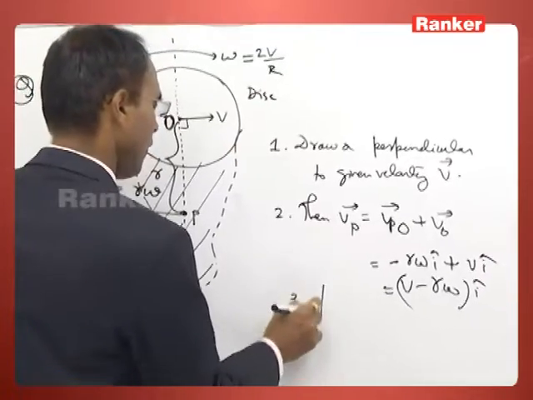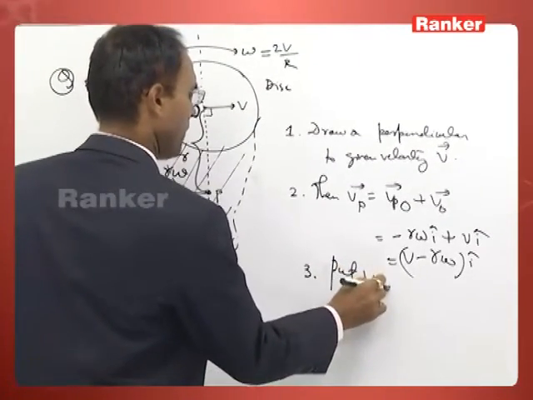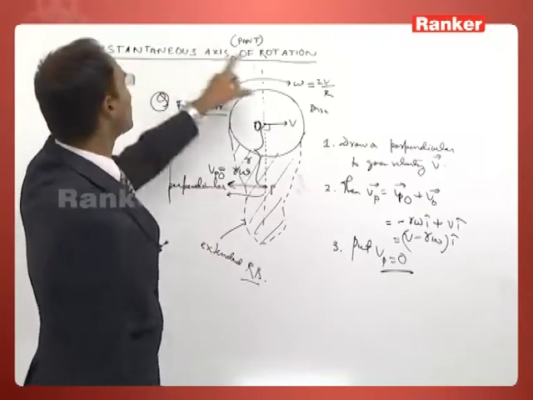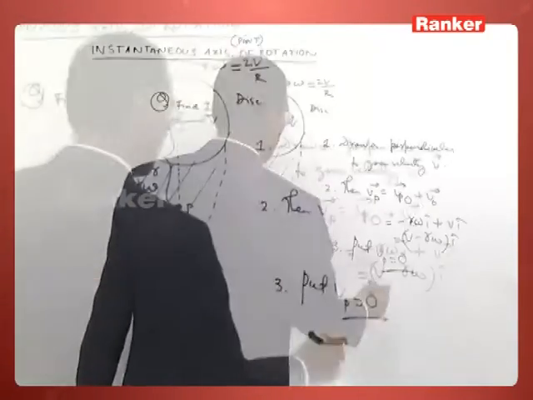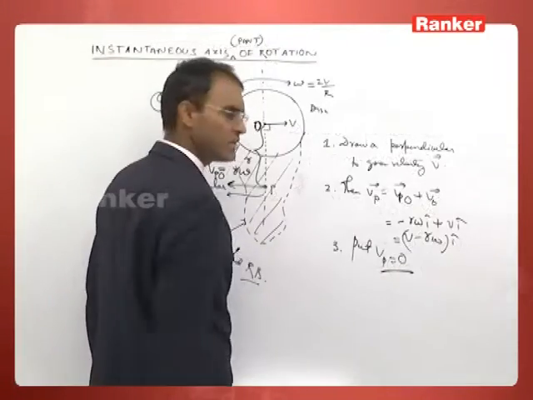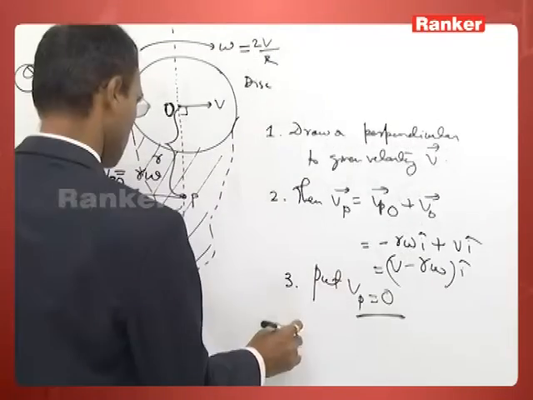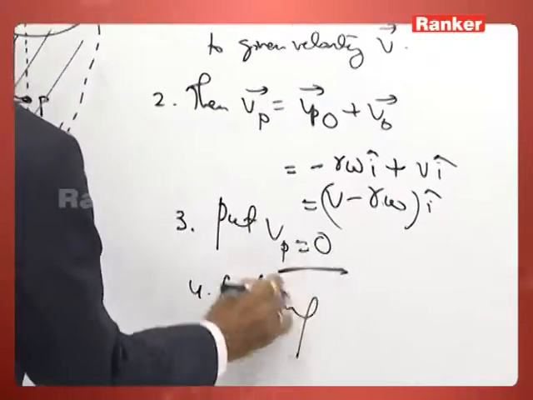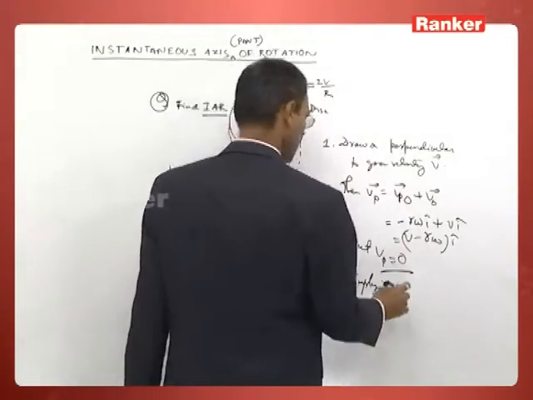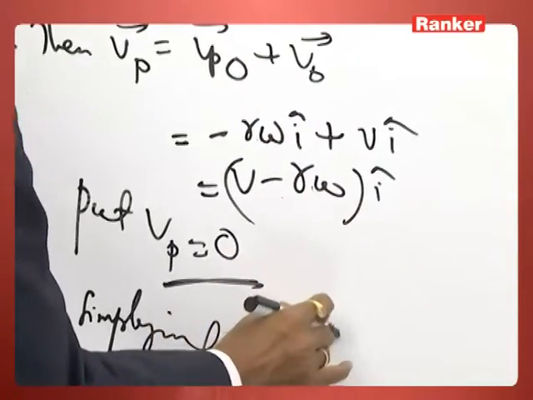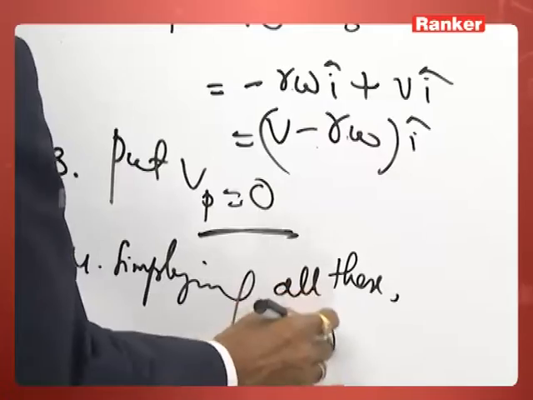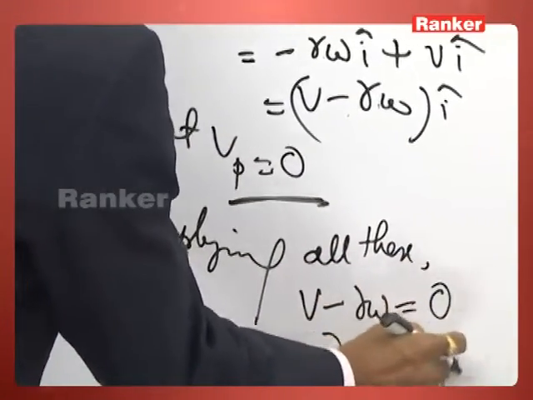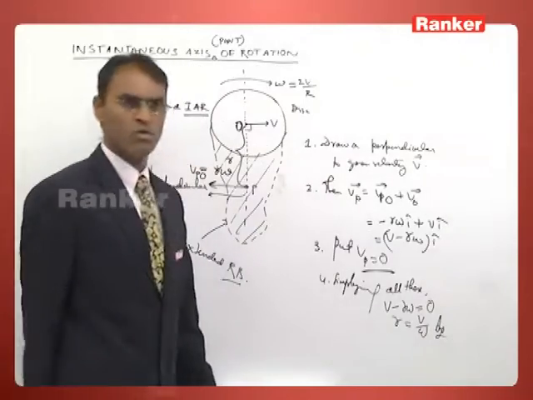Third, put Vp is equal to 0 as per the principle of instantaneous axis of rotation. That point velocity must be 0. Simplifying all this, we have V minus r omega is equal to 0. So r is equal to V by omega.